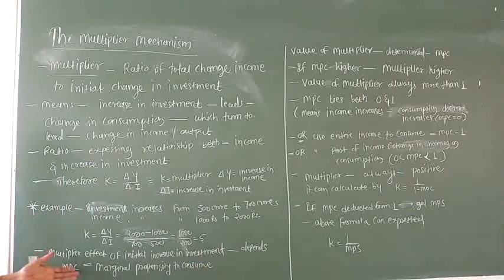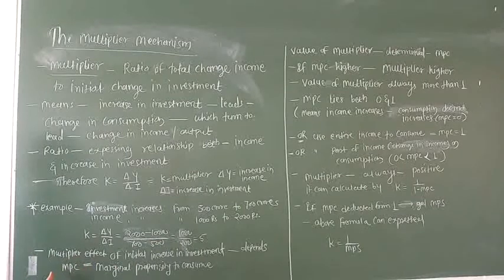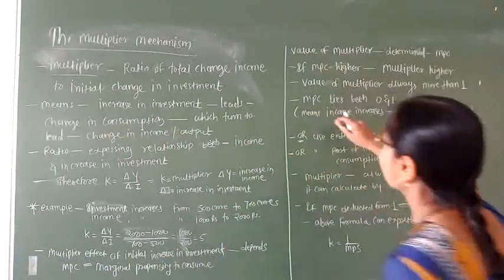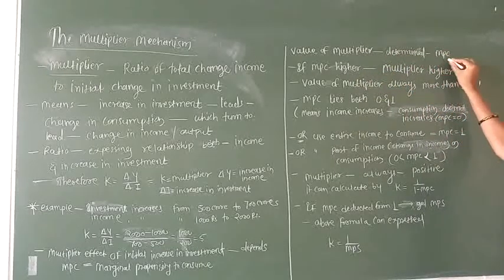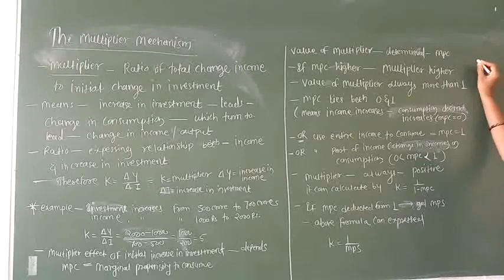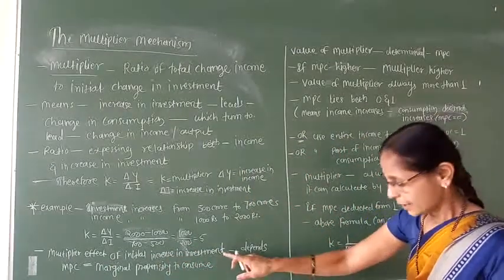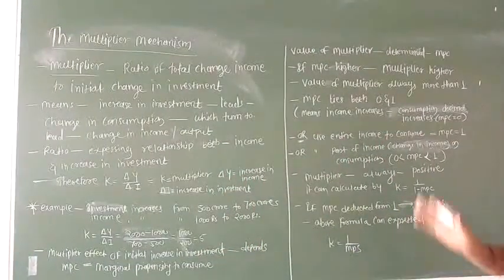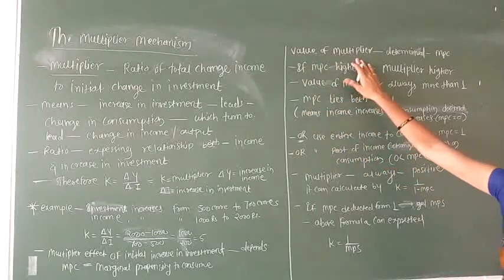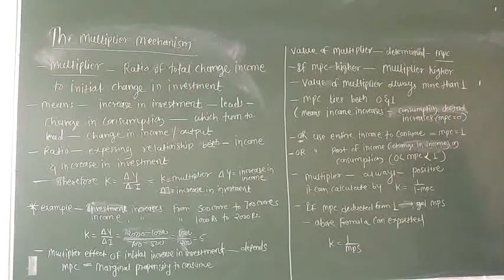The value of the multiplier is determined by the marginal propensity to consume.